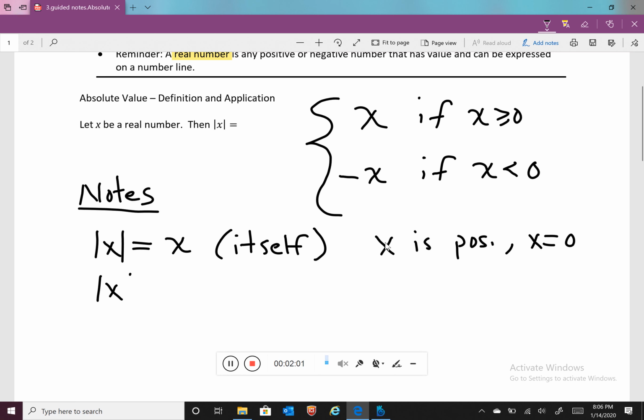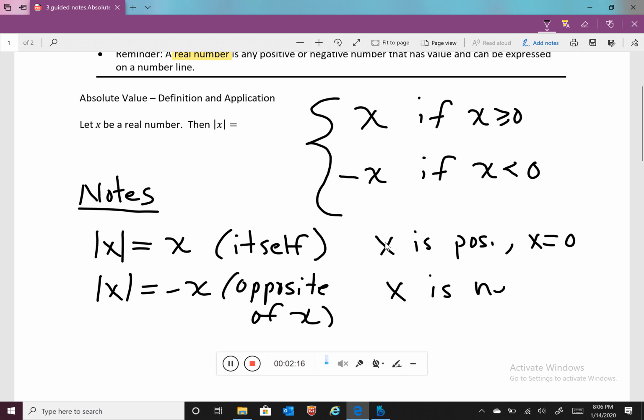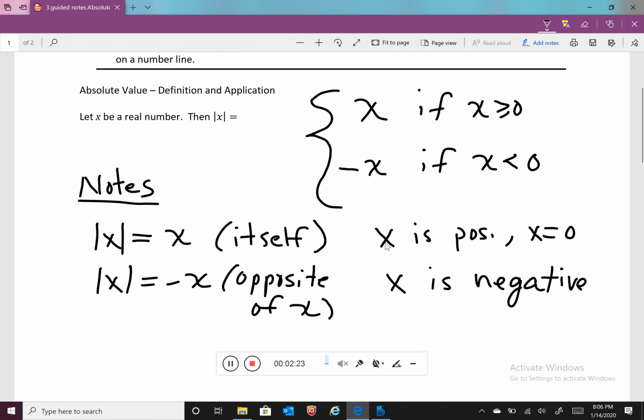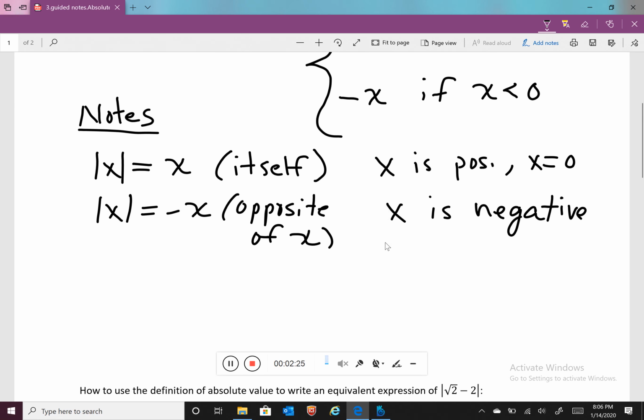But the absolute value of x is equal to negative x, which is the opposite of x. And this is true if x is negative. So if x is a negative number, then the absolute value of x is the opposite of x.